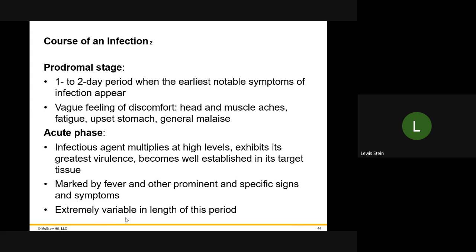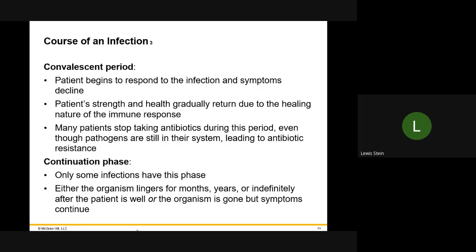Sometimes we'll see chronic illnesses where people appear to get better, and all of a sudden it will rear its ugly head. The infection will seem to go away, and it didn't really go away. I've seen too many instances of that. And now this is the so-called convalescent period, when theoretically everybody's healing, returning, based on the immunological response.